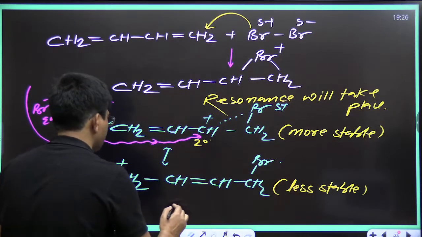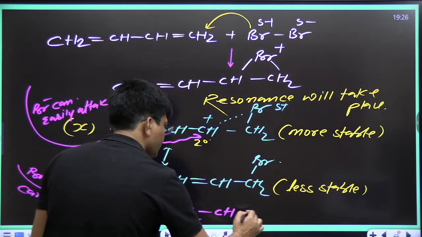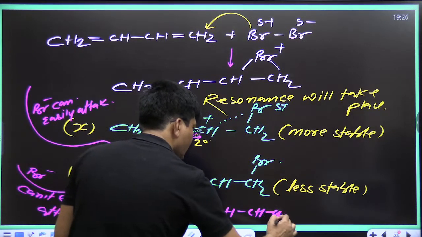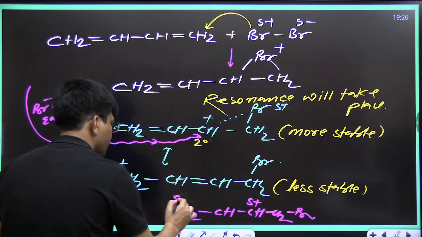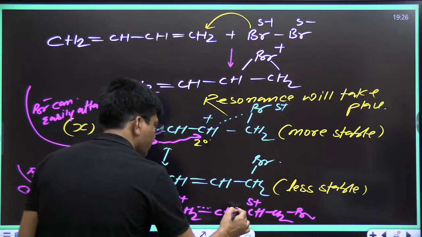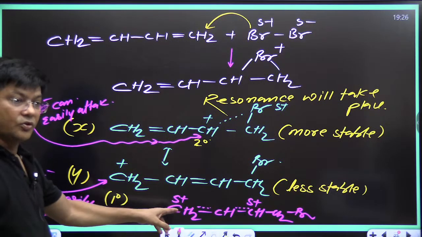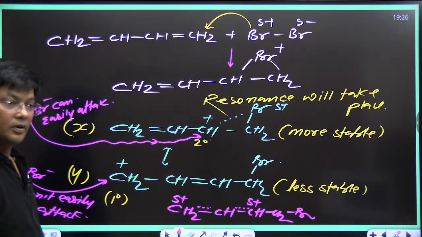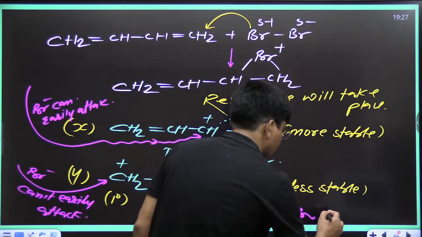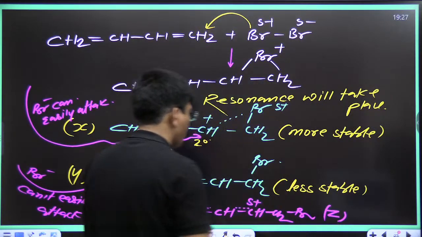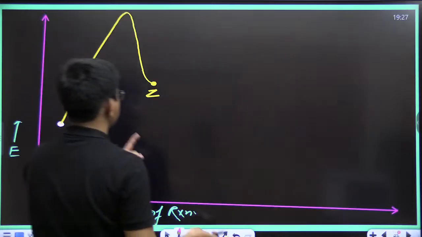The resonance hybrid will look like this: CH2, CH, CH, CH2, Br, sometimes plus charge over here, sometimes plus charge over here. Single bond, double bond character, and the double bond has partial single bond character. This is the common carbocation, this is Z.